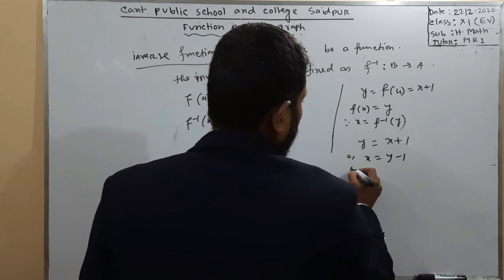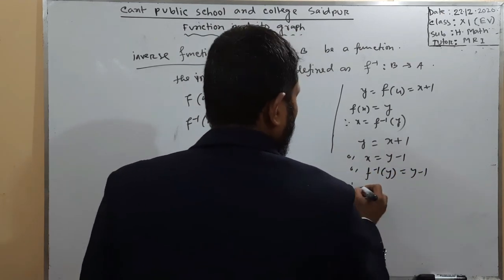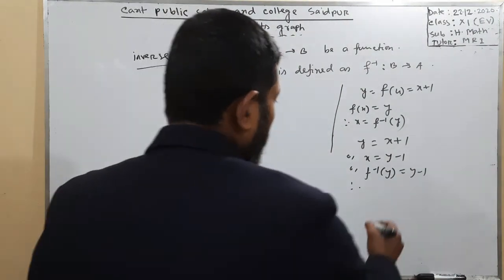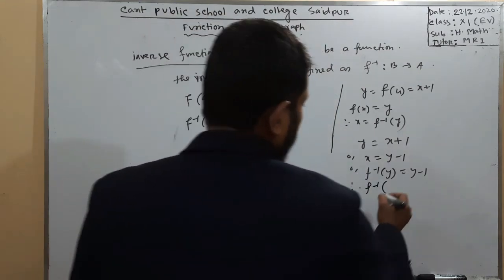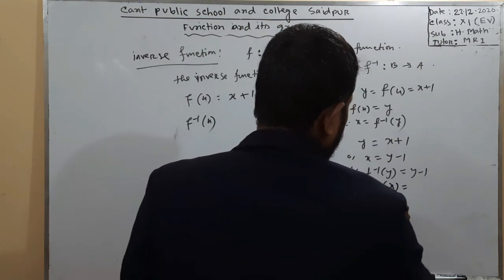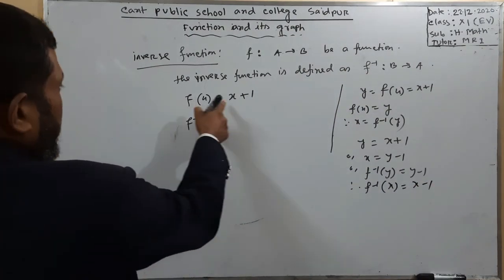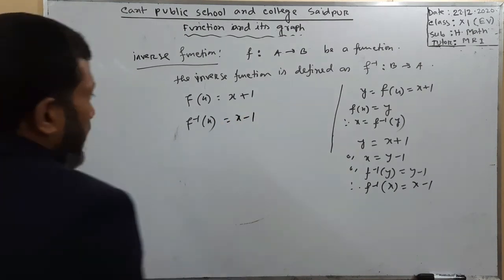For the inverse function, the variable may be changed by replacing y by x, and we get f inverse of x is x minus 1. So the inverse function of f of x is equal to x plus 1 is x minus 1.